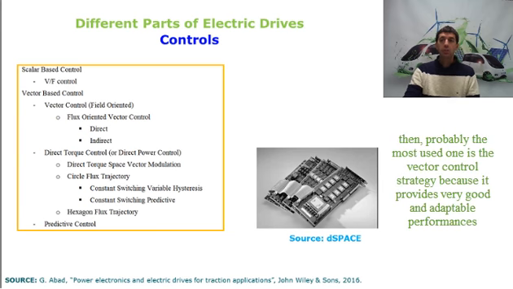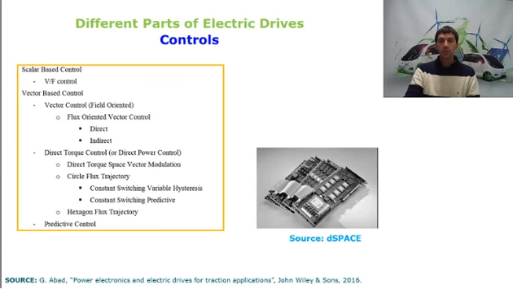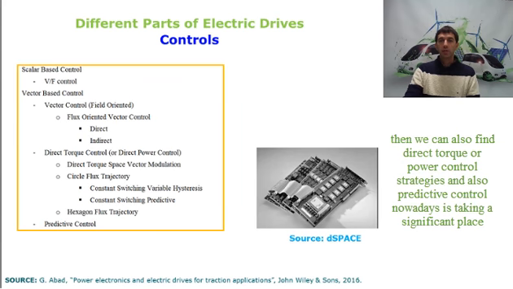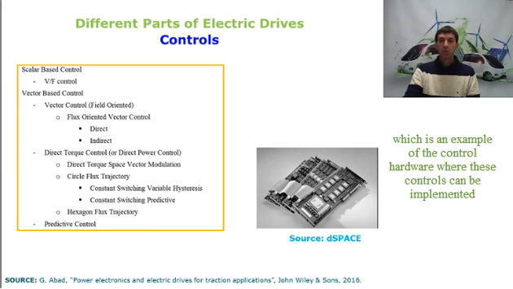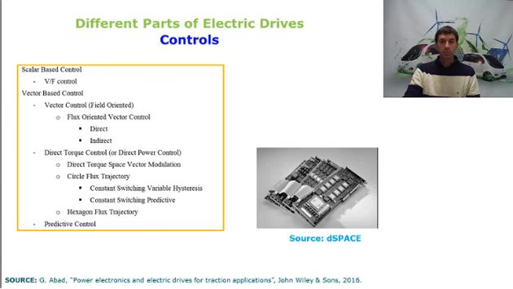Then probably the most used one is the vector control strategy, because it provides very good and adaptable performance. Then we can also find direct torque or power control strategies, and also predictive control nowadays is taking a significant place. Finally, we can see here one example of dSPACE, which is an example of the control hardware where these controls can be implemented.